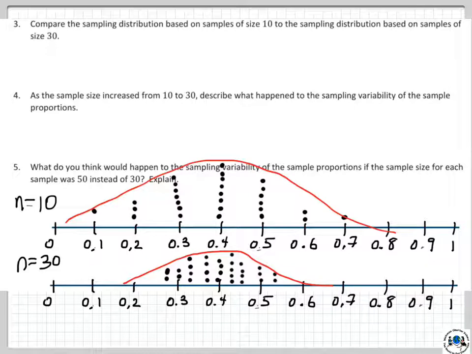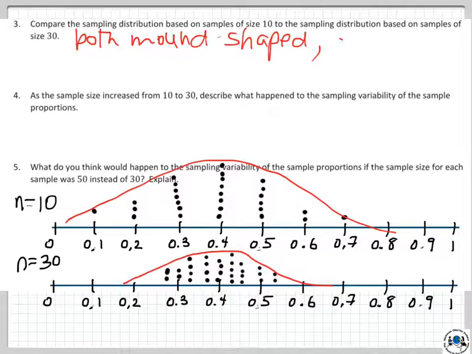They're both mound-shaped, so let's just say they're both mound-shaped, clustered in the middle, clusters around 0.4.